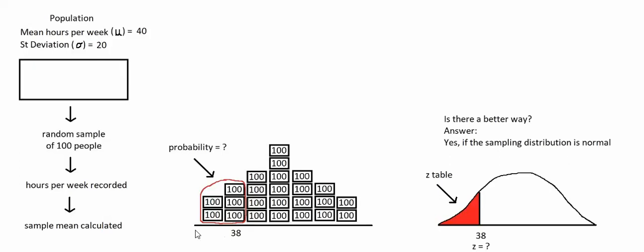Based on what I've told you so far in this class, you're probably thinking that you would have to calculate the mean of all possible samples of 100, put them in a diagram, and make a sampling distribution, and then count the number of possible samples with a sample mean of 38 or lower, and then divide that number by the total number of possible samples.